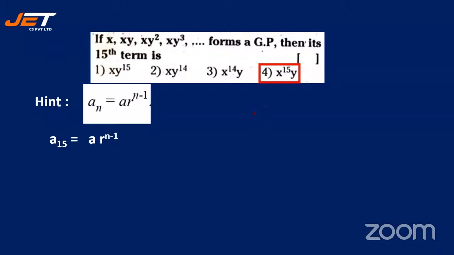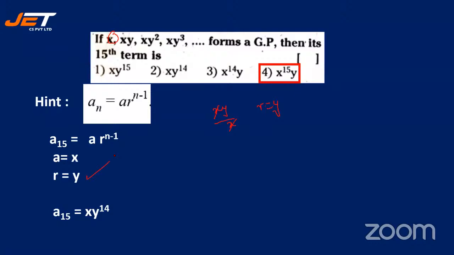A15 is AR to the power n minus 1, which is AR to the power 14. Okay, so A is equal to x. See? You can see in this, the first term is always x. What is r? Xy by x, isn't it? So r is y. That is why r is y here. Okay.